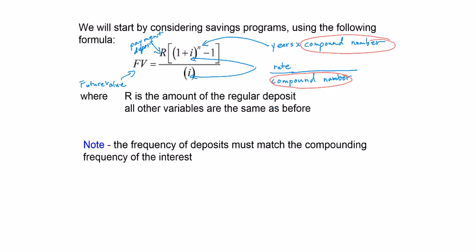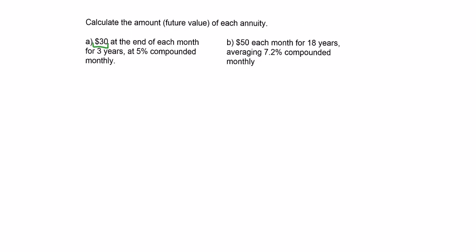Here we go. The next problems require us to calculate future value, the amount of money that we have at the end of our annuities. All right. Now, the first problem says we have $30 at the end of each month for 3 years, compounded monthly. In order to calculate this, what we're going to do is we're going to basically just set up our future value problem.